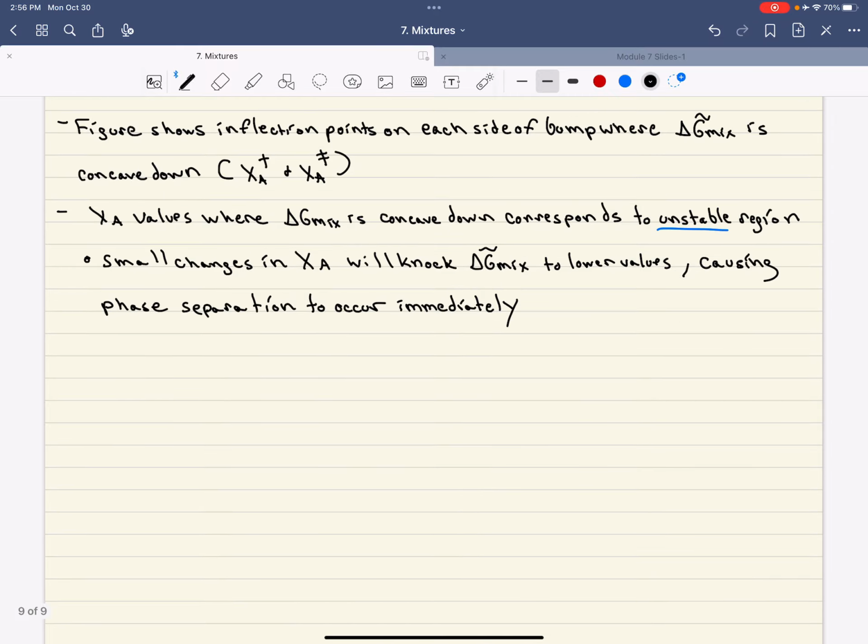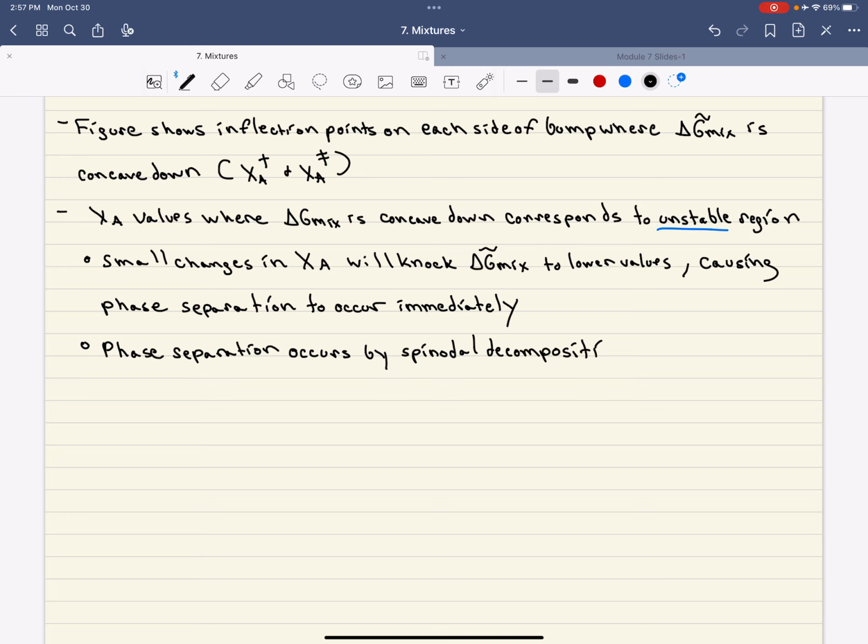All right, so in this unstable region, when the system phase separates, it phase separates by a mechanism known as spinodal decomposition, where it just phase separates very quickly.